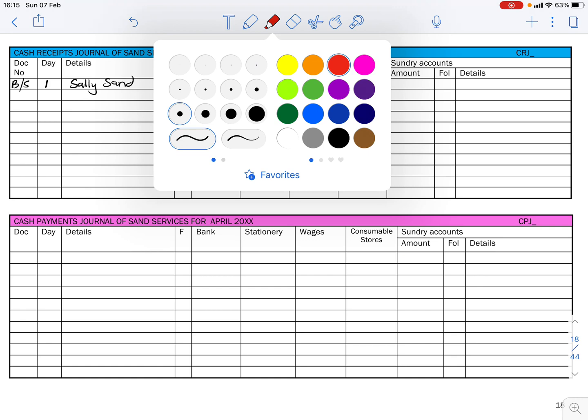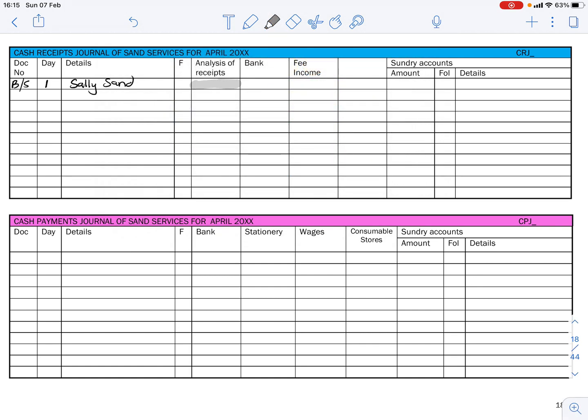Okay, we leave analysis blank, right? Because it's gone directly into the business's bank account. She's deposited 100,000 Rand, and this was for capital. So we can put in 100,000 Rand under sundry with the detail capital.